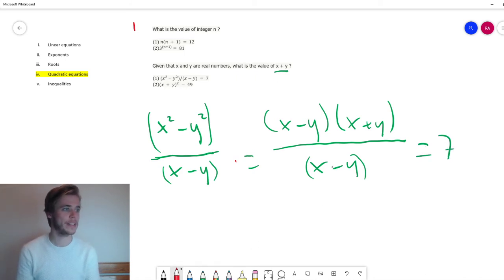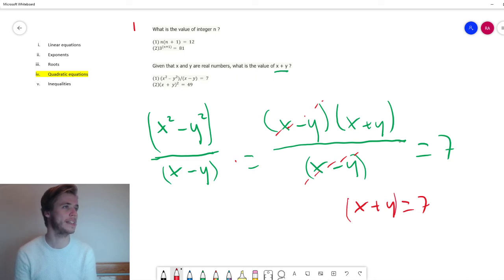Now we can easily cancel out this part. So we get x plus y is 7. So yes, we can get the value of x plus y because we know x plus y is 7. So that is fine. The first statement is sufficient.